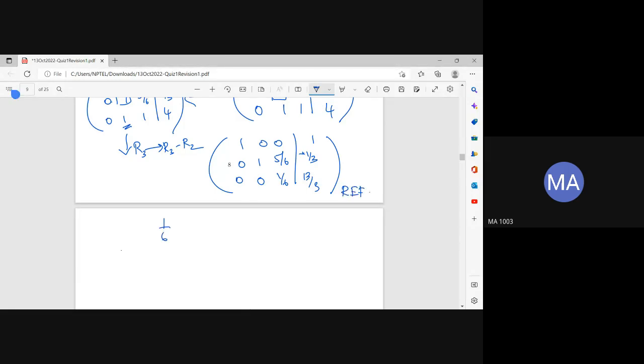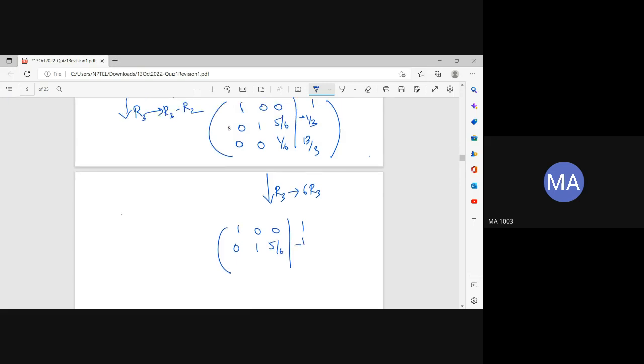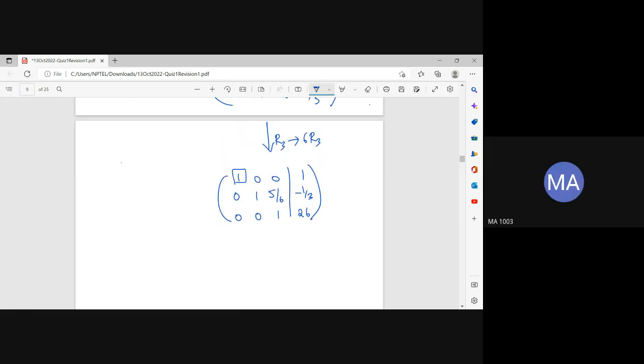It's still not in REF. R3 is 6 R3. So that's 1, 0, 0, 1, 0, 1, 5 by 6, minus 1 by 3, 0, 0, 1, 26. So we get the value of Z directly, 26.